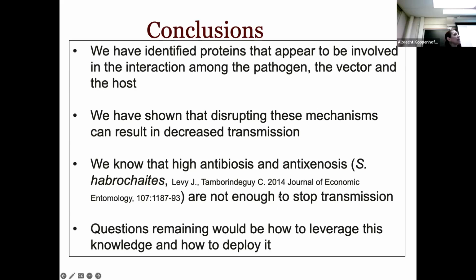But in spite of all the advancements that we have made, and for me they're huge advancements, we still have lots of questions about the mechanism, how to put everything together, and more important, once we get this knowledge of how the infection or the transmission occurs, how can we leverage that knowledge to use it effectively in the field? How can we deploy things in the field?